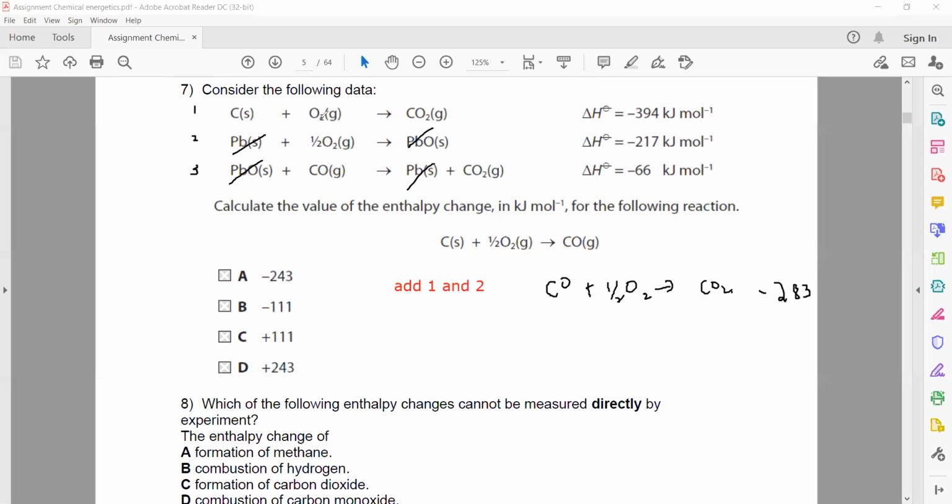And then we have carbon plus oxygen gives carbon dioxide. So in the equation we don't need carbon dioxide. So we can use this equation and we subtract. Like we have the first equation now. This was not 1 and 2, this is 2 and 3.